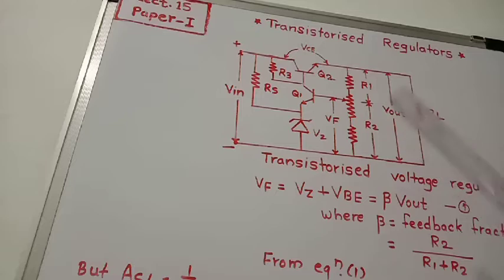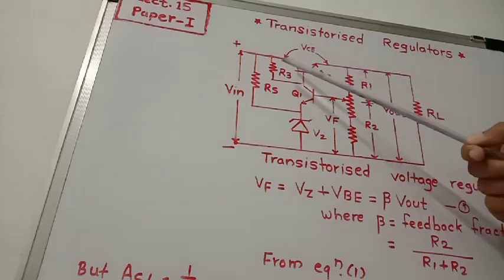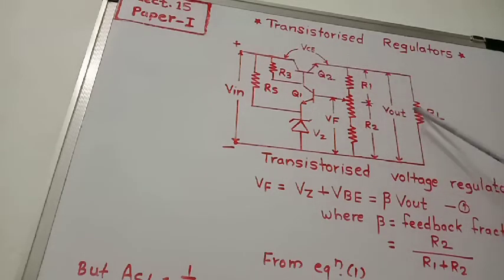Then transistor Q2 is in series with the load resistance RL. So this transistor is also called a series pass element or series pass transistor.